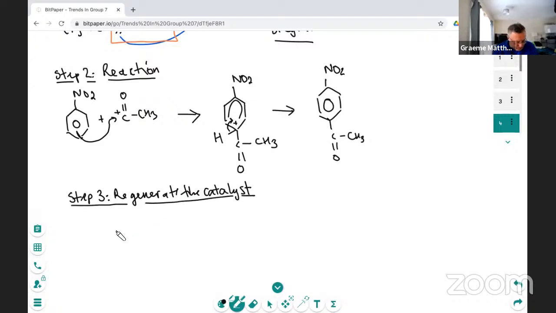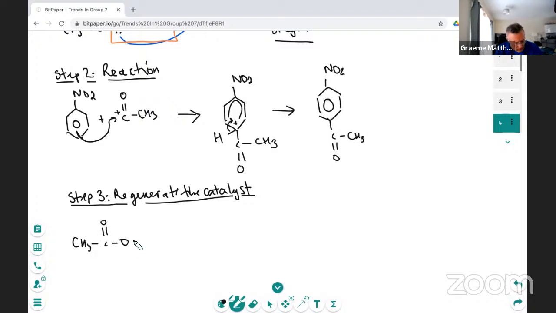From previously, I think I drew it the other way around in the notes up here. So hold on. Yeah, we had this: CH3, C double bond O, and the oxygen.